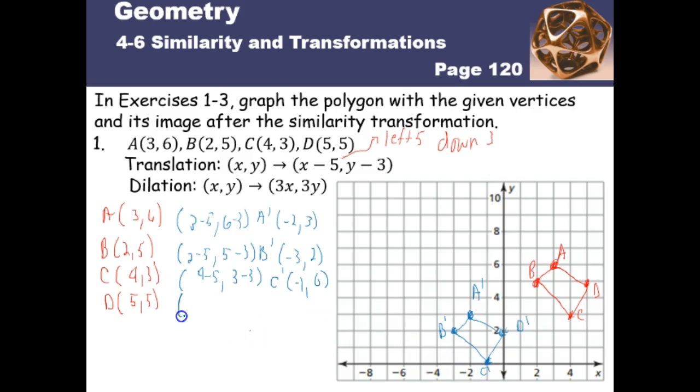And lastly, D is going to be 5 minus 5 and 5 minus 3. So D prime is going to be (0, 2). And sure enough, it's (0, 2). Okay, now I have to do the dilation. So the dilation is multiplying everything by 3. So, get another color, and we'll do this one in purple.